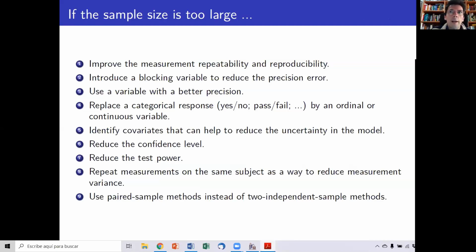Or they have two eyes, so if you are looking into eye drops, for instance, you can apply an eye drop into one eye and another eye drop onto the other eye. So every time that you can have paired samples, you will reduce the number of samples very much, because you are reducing the variability of your observations.